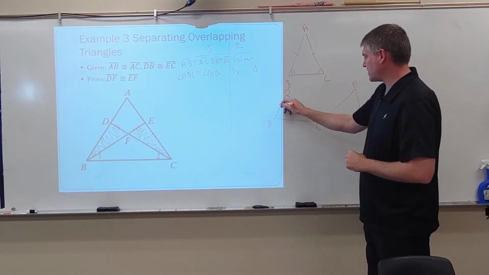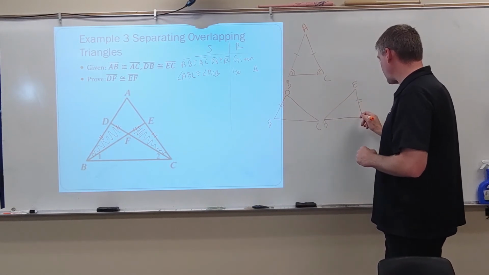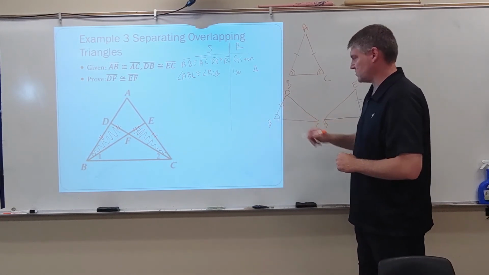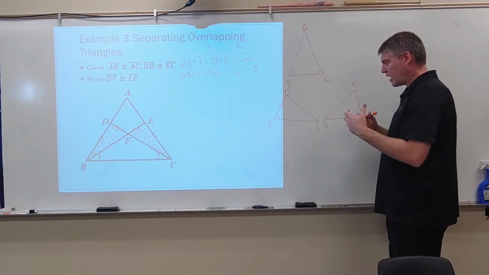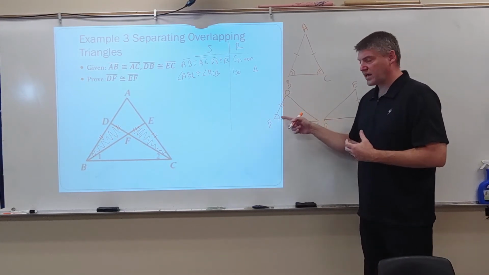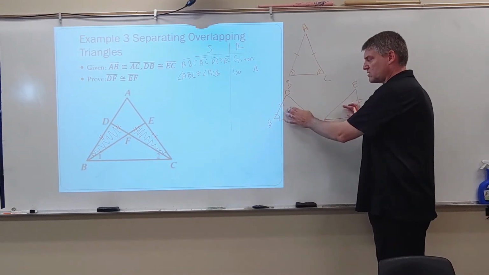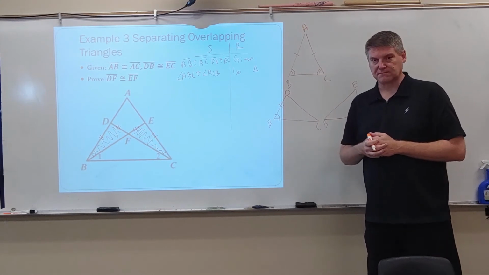I already know that this is true, and I know that this is true. Well, okay, I have a side and angle. Can I prove that these two triangles are congruent?